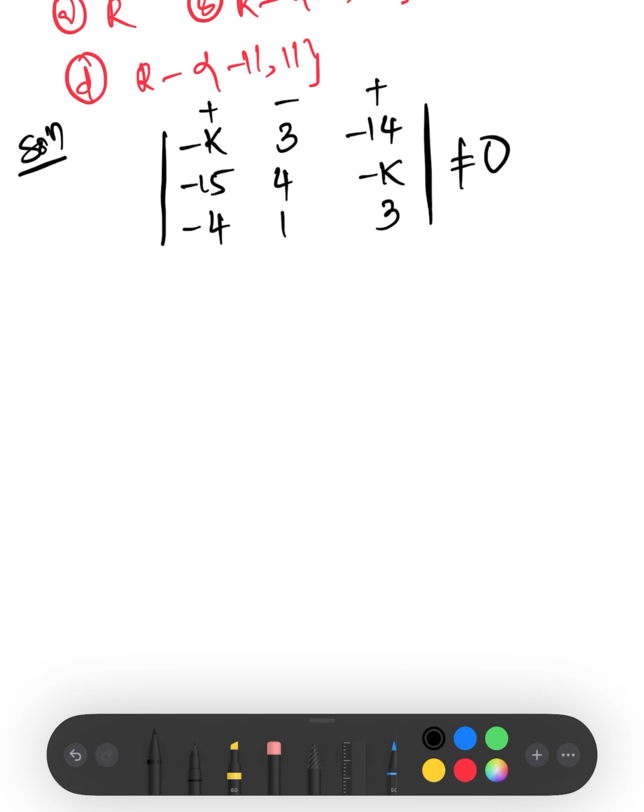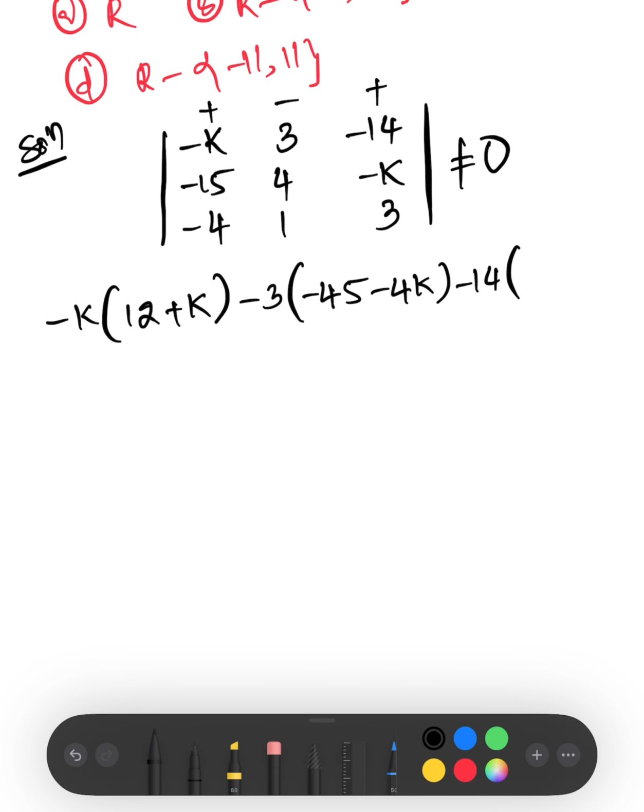The first term is minus k times 12 plus k, minus 3 times minus 45 minus 4k, minus 14 times minus 15 plus 16, which is not equal to 0. Minus 15 plus 16 becomes 1.